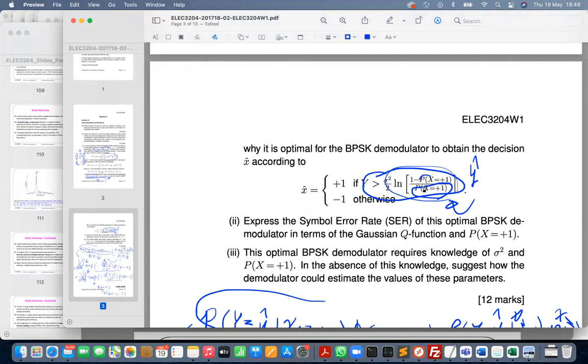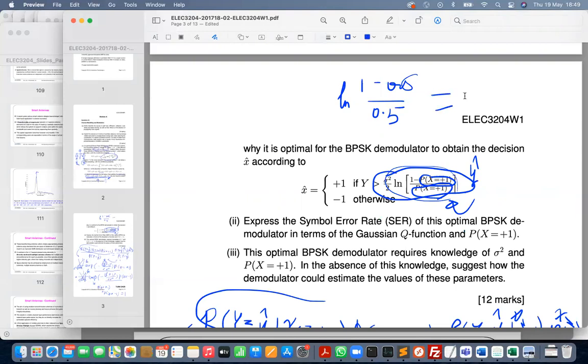For example, as we said before, if it's half-half chance, then this decision boundary becomes log of (1 minus 0.5) divided by 0.5. This becomes 0. So originally the decision boundary was 0, but now the decision boundary has shifted because the transmit probabilities have changed.